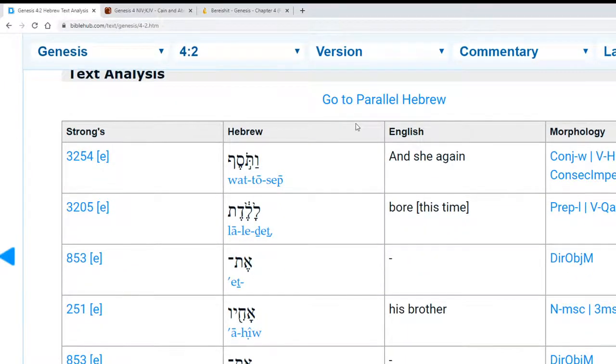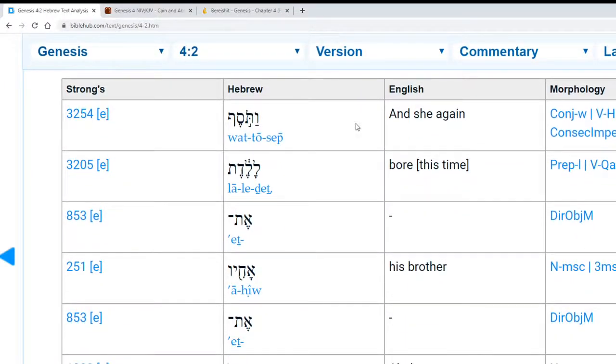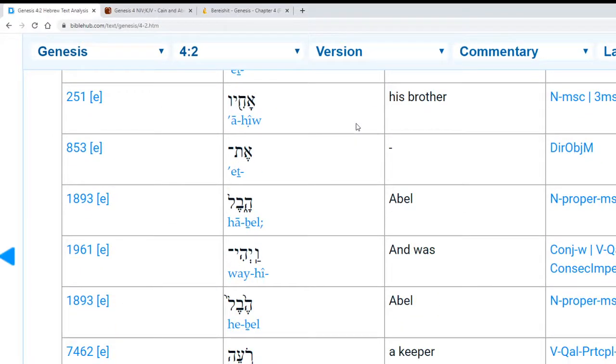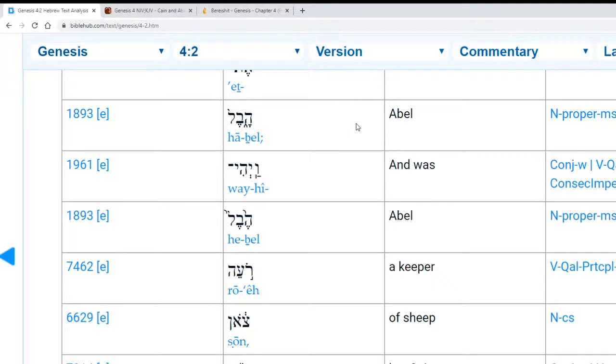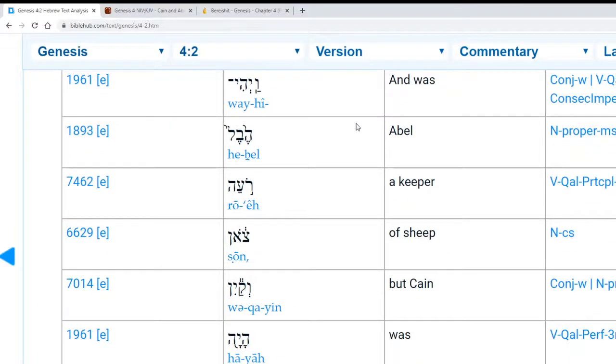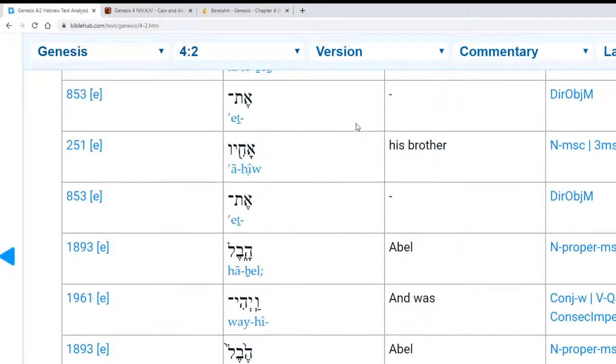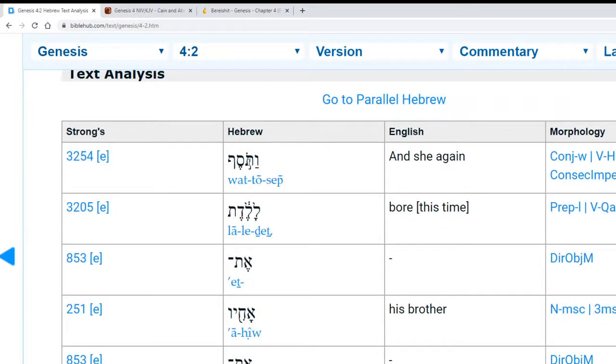Vatosef laledet et achiv et Hevel, vayehi Hevel ro'eh tzon v'Kayin haya oved adama. Okay, so Vatosef. Conjunctive vav, and then the root.